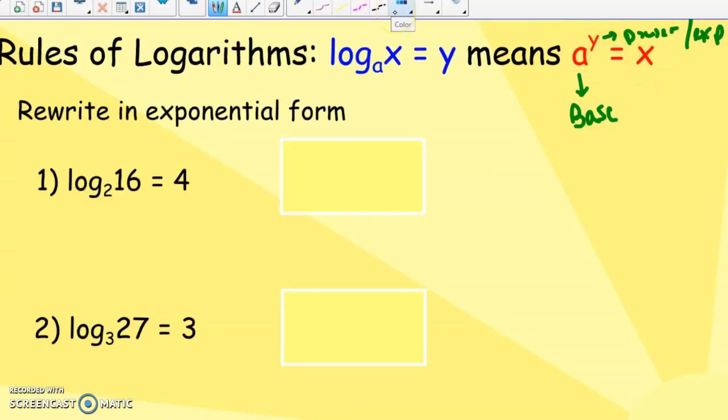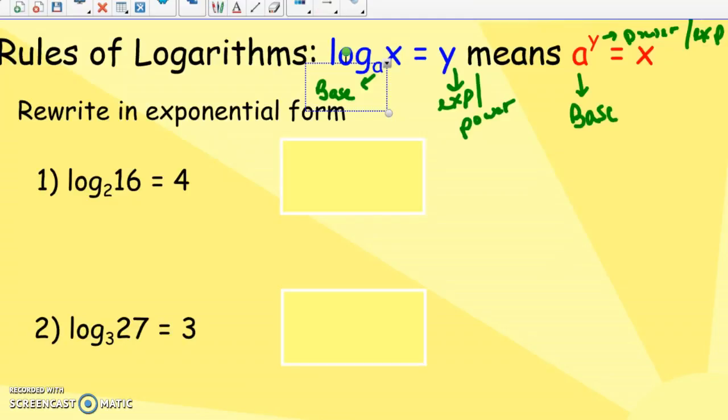Now, when it's written in the log format, the a and y mean the exact same thing. That little subscript number or letter after the word log, the a, that is your base. The y is still representing your exponent or your power. So you can remember the rules and just plug the numbers into different equations.